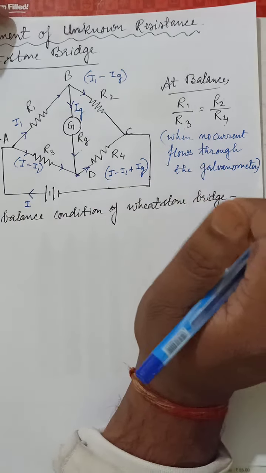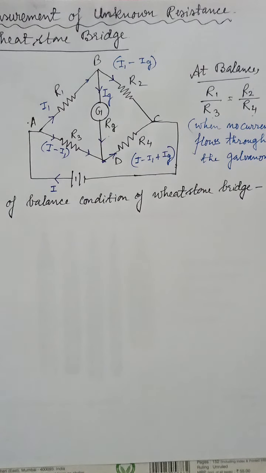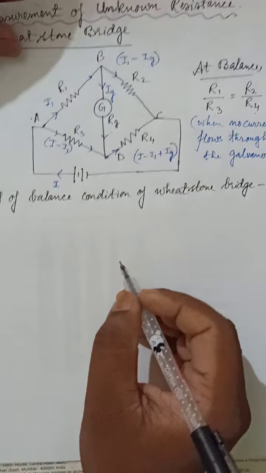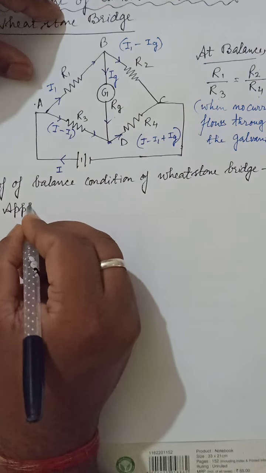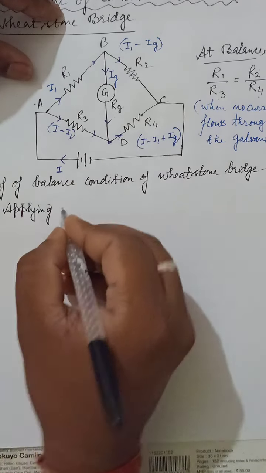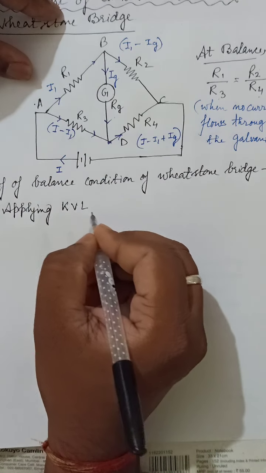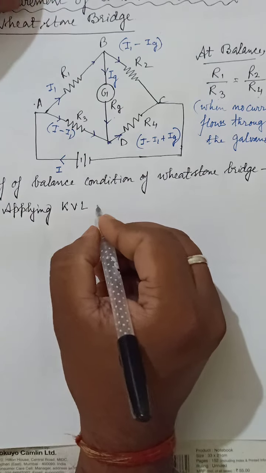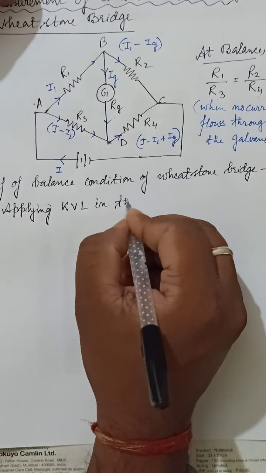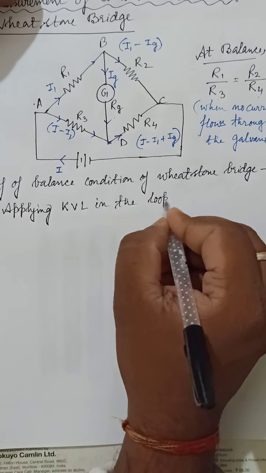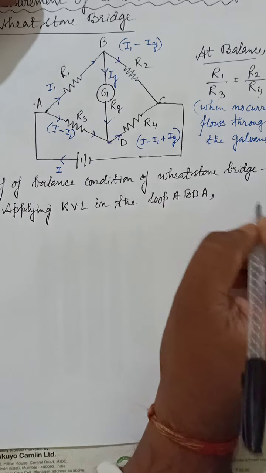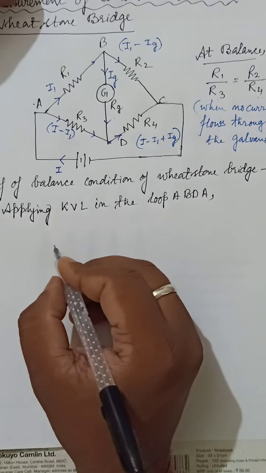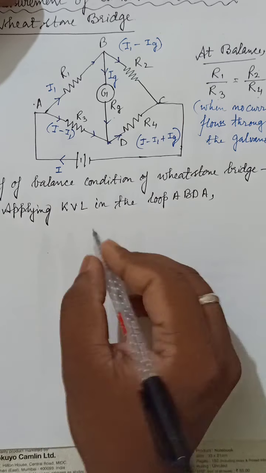So we can prove this balance condition of Wheatstone bridge using Kirchhoff's law. So by applying KVL in the loop A, B, D, A, what are we getting? Let us draw the loop separately.